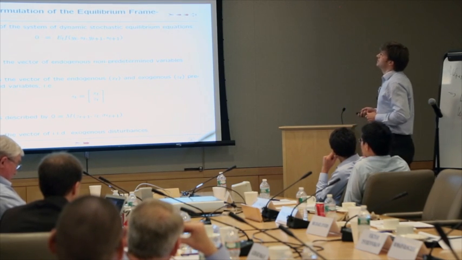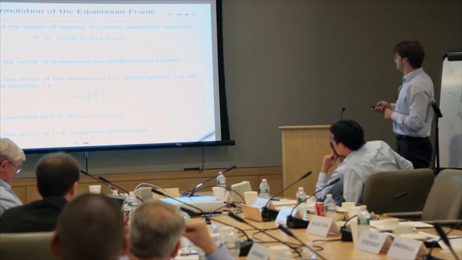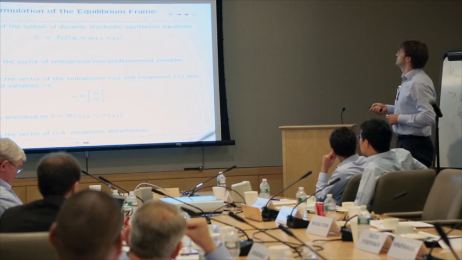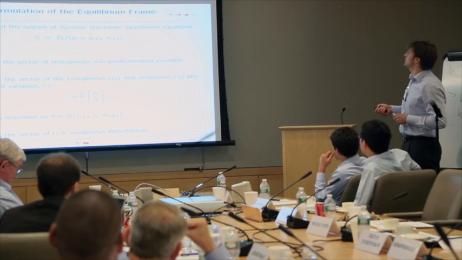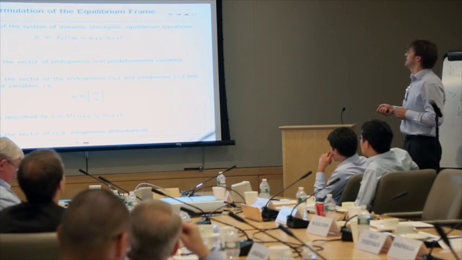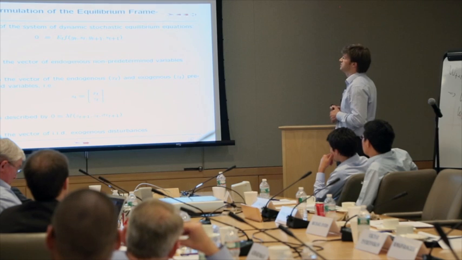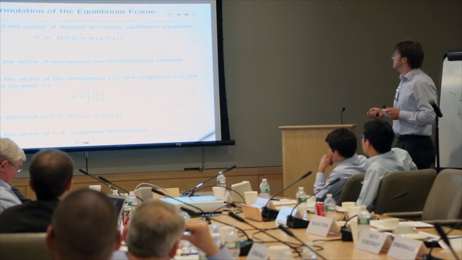So the general formulation of the equilibrium framework is that we have this stochastic equilibrium system where y is the vector of endogenous non-predetermined variables and s is the vector of endogenous and exogenous predetermined variables, so the state variables.